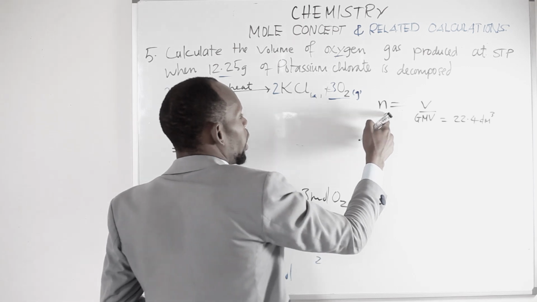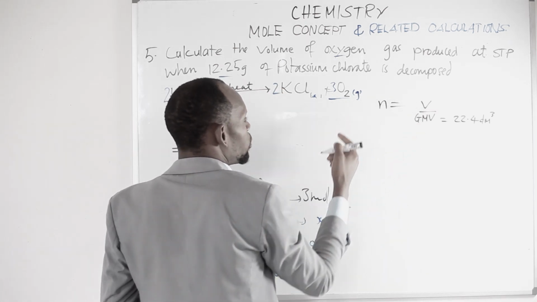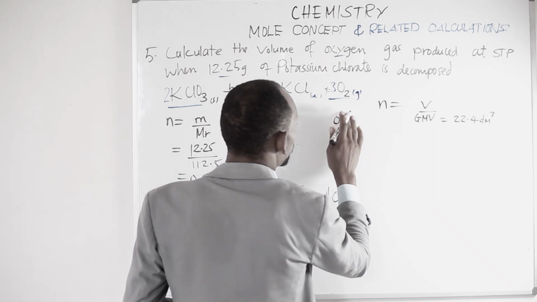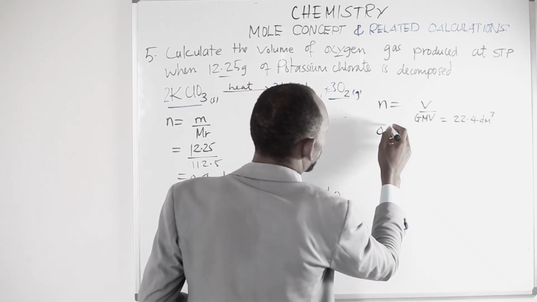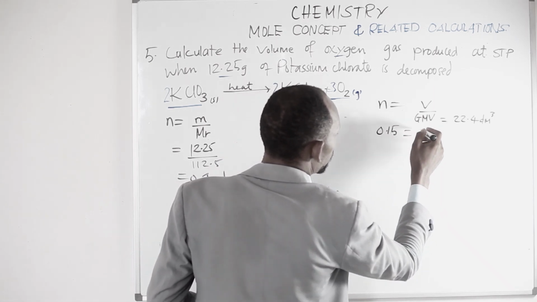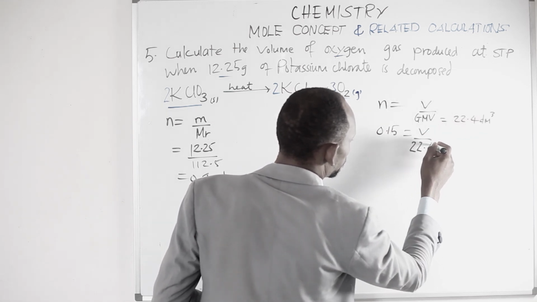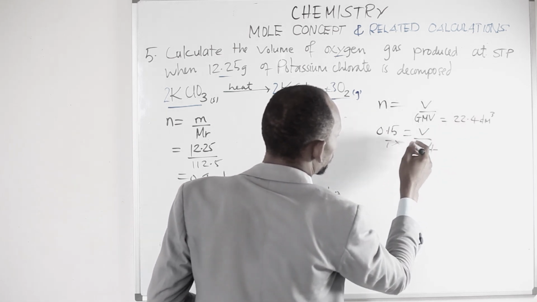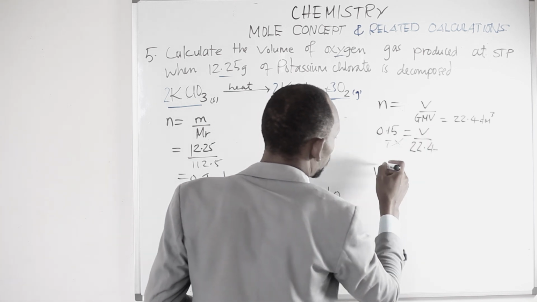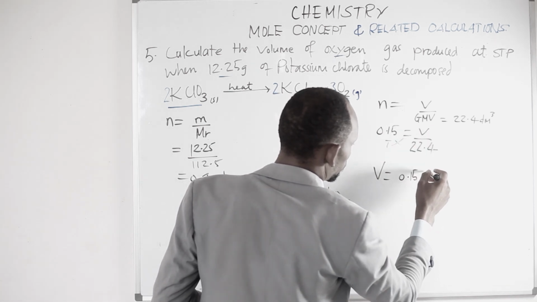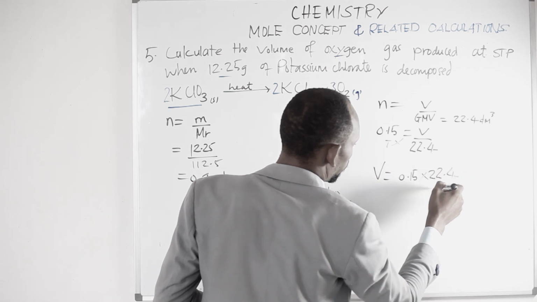Therefore, here I'm required to find the volume, but the number of moles you have already. So I can write 0.15 equals volume over 22.4. Cross multiplication there, you will find that volume equals 0.15 times 22.4.